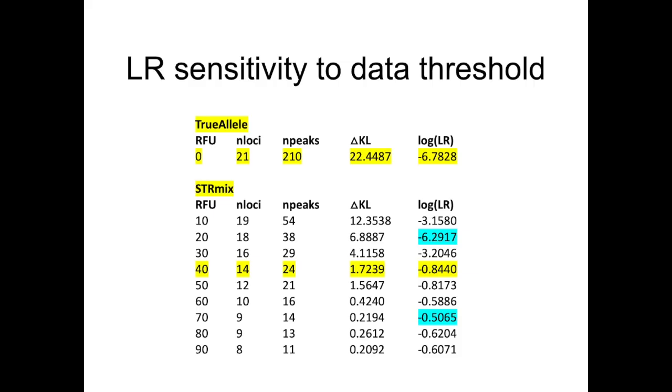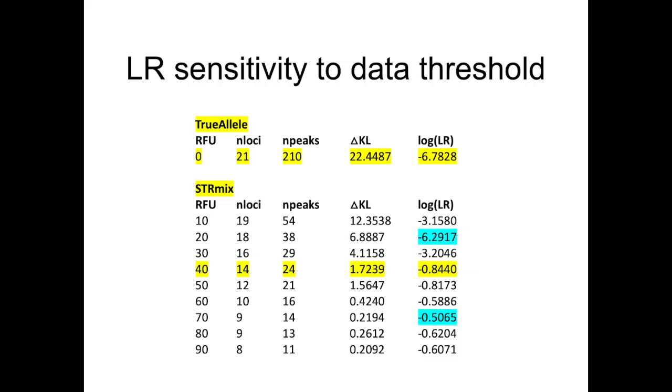The lab using StarMix used a threshold of 40, and you see they only looked at 24 peaks. How can you be looking at a mixture of like 2 or 3 people, 24 peaks? I have no idea. But anyway, the result is their numbers around -1.